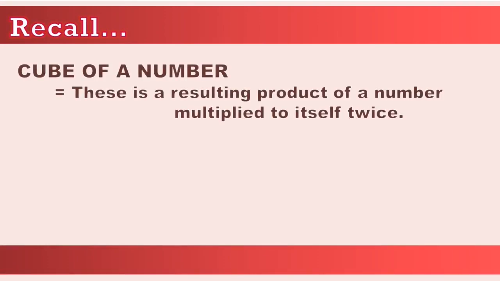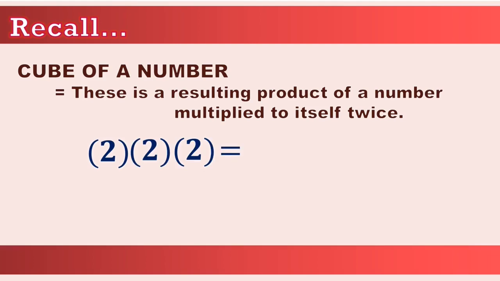Before proceeding to our main topic, let's recall the cube of a number. Now, a cube of a number is the resulting product of a number multiplied by itself twice. For example, 2 multiplied by 2, multiplied again by 2, the answer is 8.